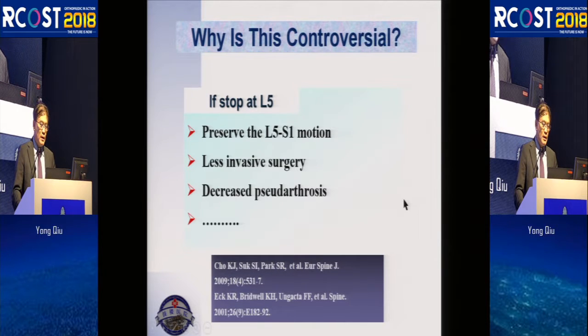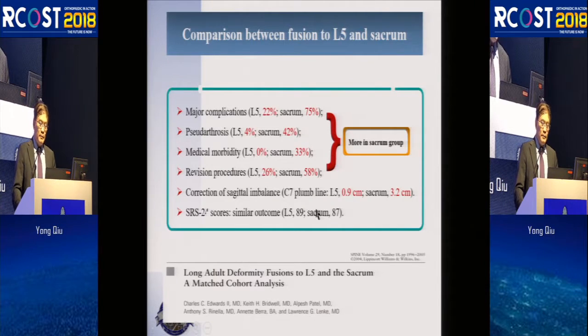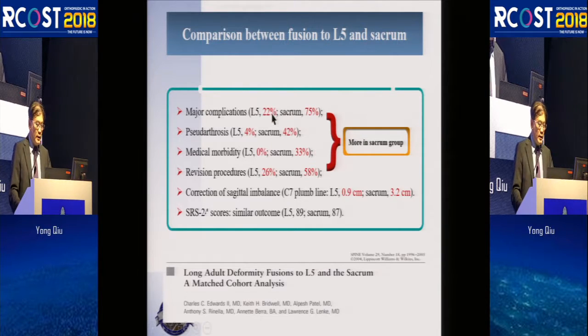Look at the literature. If we stop at L5, the advantages are preserving L5-S1 motion, less invasive surgery, and decreased sacral atherosclerosis, and this is well documented in the literature. But many studies say that if you stop instrumentation at L5, you have a major complication rate of 75% versus 22% when stopping at S1.